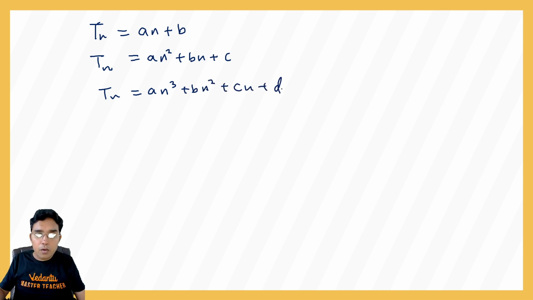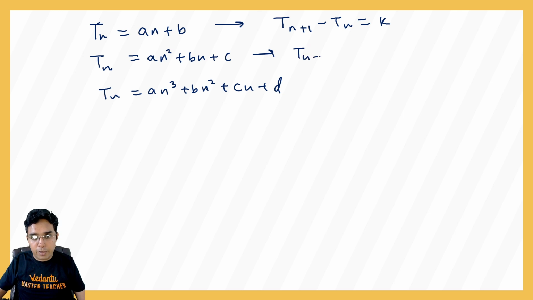Now here, Tn plus 1 minus Tn will be constant for the first case. Here Tn plus 1 minus Tn will be linear, maybe Pn plus Q for some constants, and here Tn plus 1 minus Tn will be quadratic.